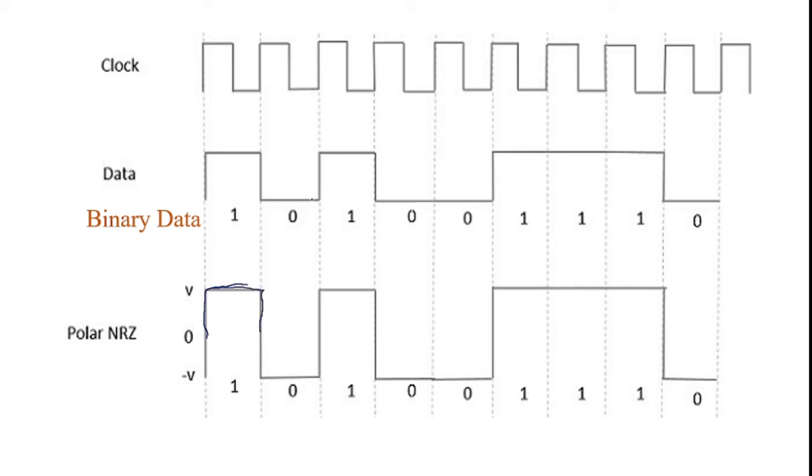And this is low in data; that low in data is represented by a negative pulse. And this is high in data, represented by a positive pulse.